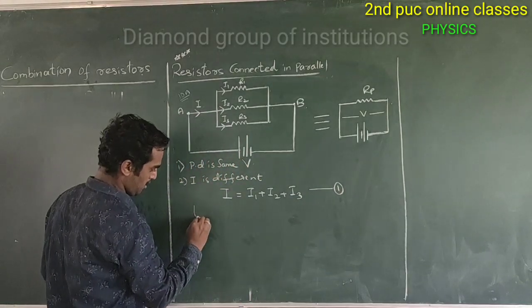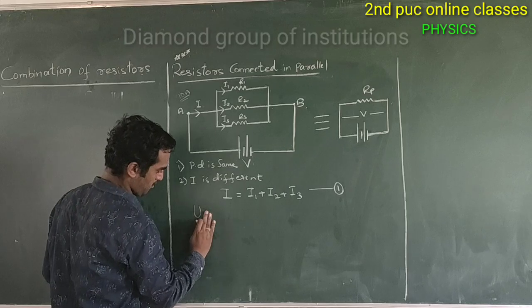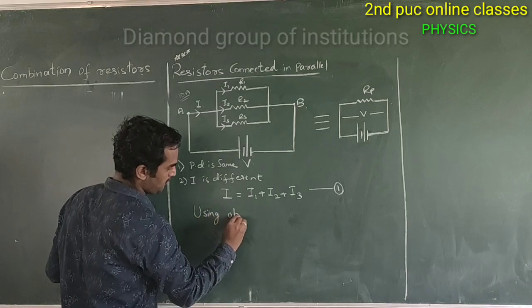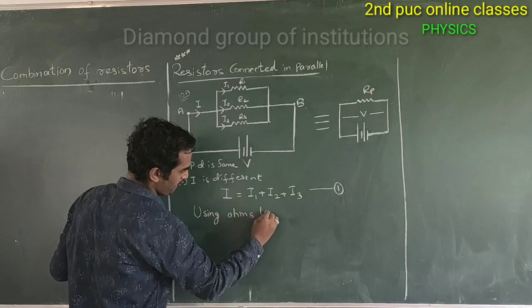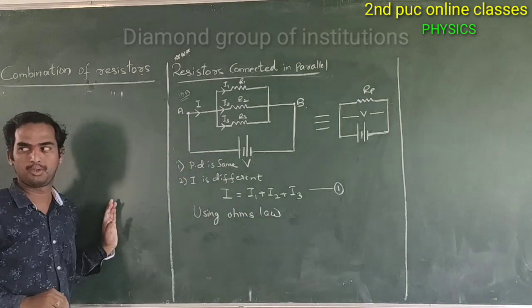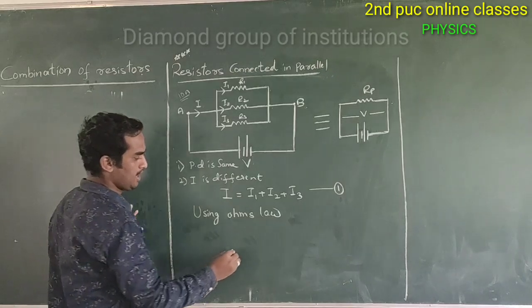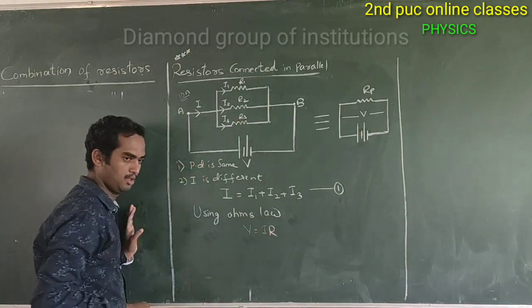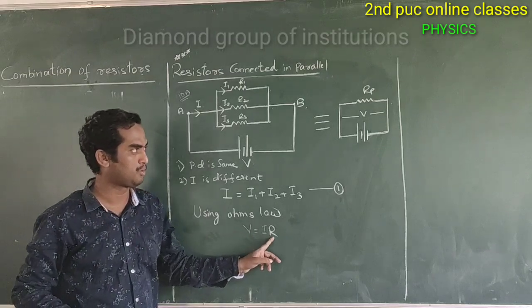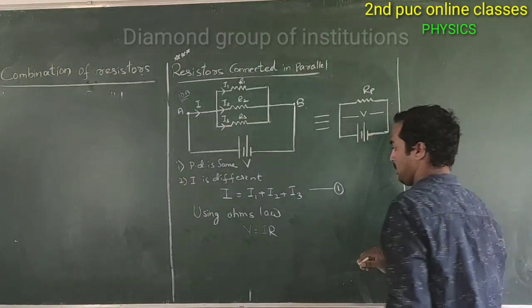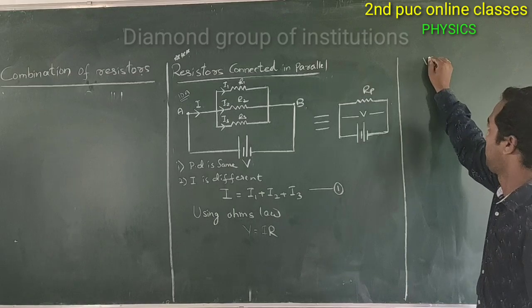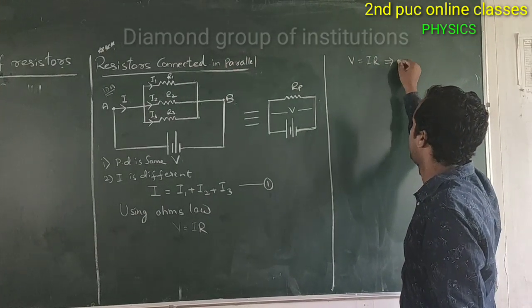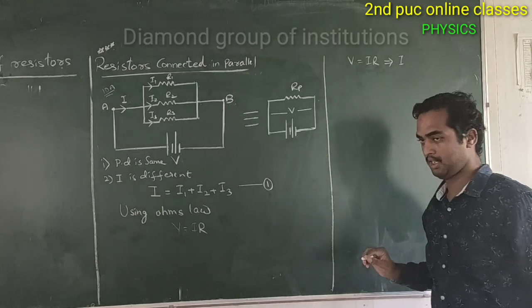Now, using Ohm's law, we can write V equal to I into R. That means if V equal to I into R, we want here I, that is current.